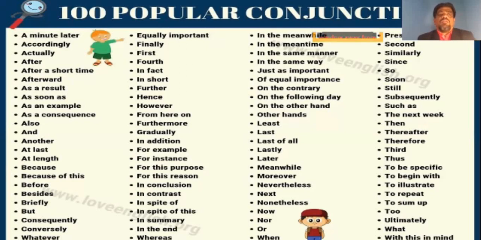We could join sentences with words like a minute later, accordingly, actually, in various ways, at least, last, in addition, for example, thus, third, so, for, and, because. So many ways we could join sentences. And all these words are known as conjunctions.